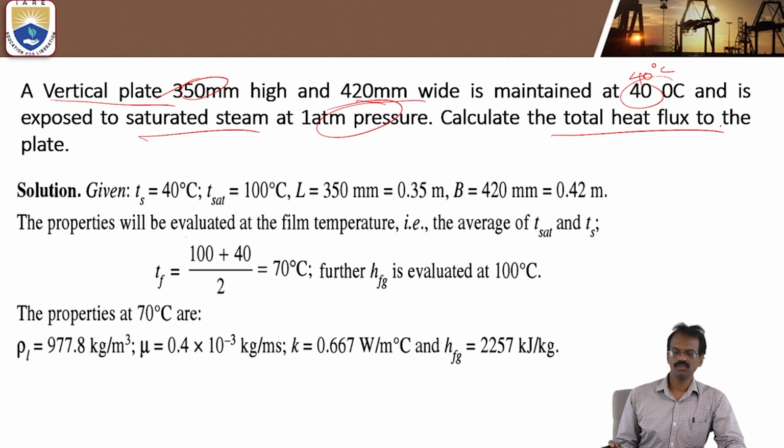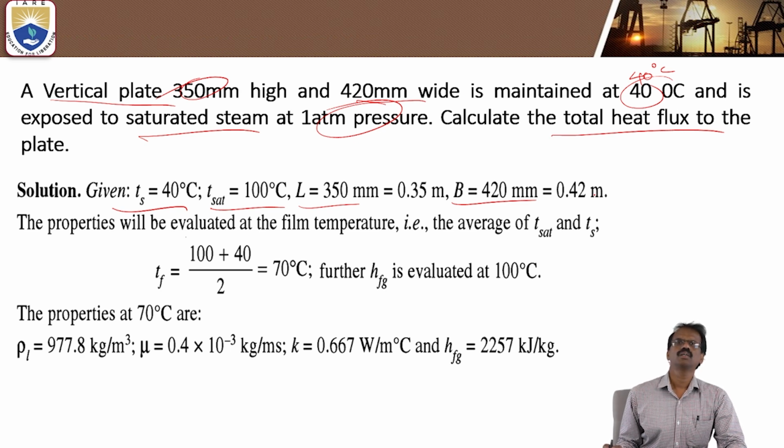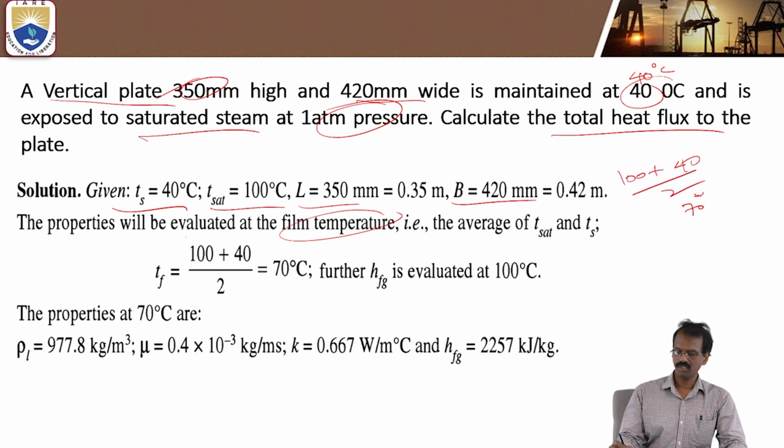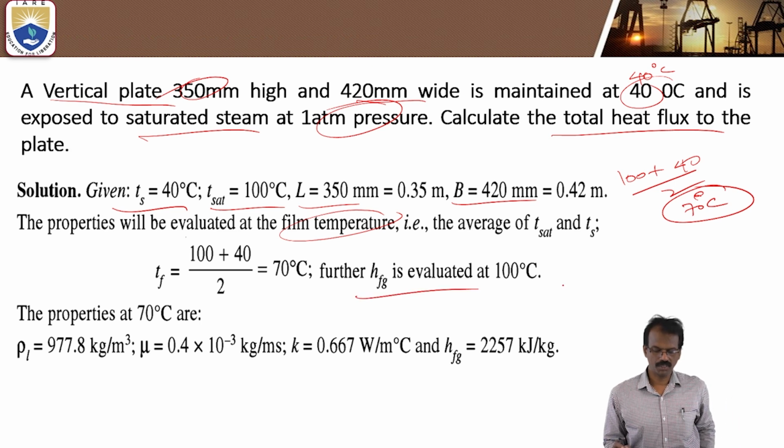The given data are surface temperature, saturation temperature, length of the surface, and width of the surface. The properties will be evaluated at the film temperature. Film temperature means 100 plus surface temperature 40 by 2, so 70 degrees Celsius.